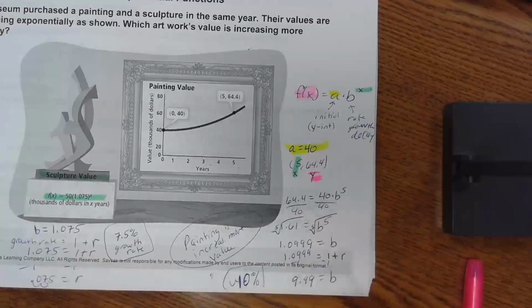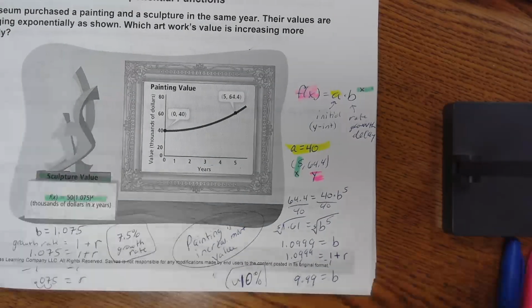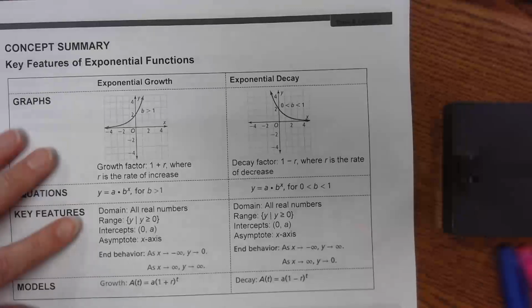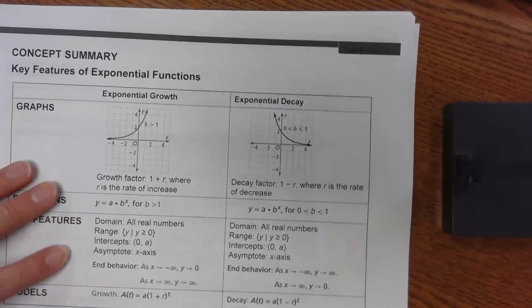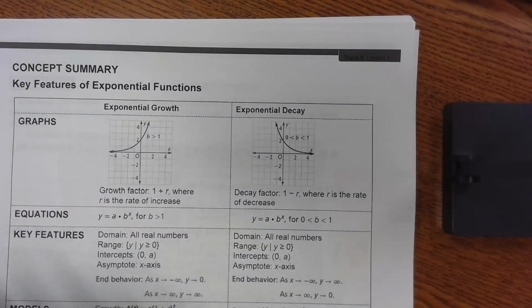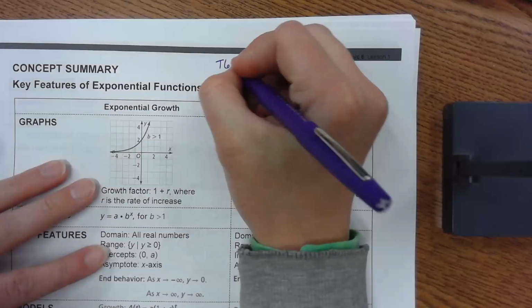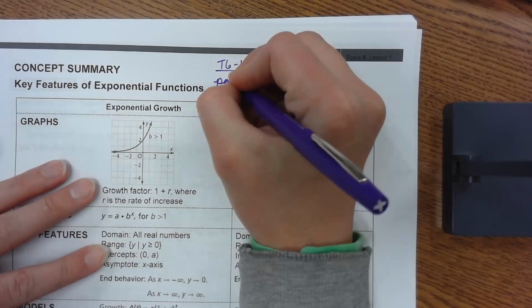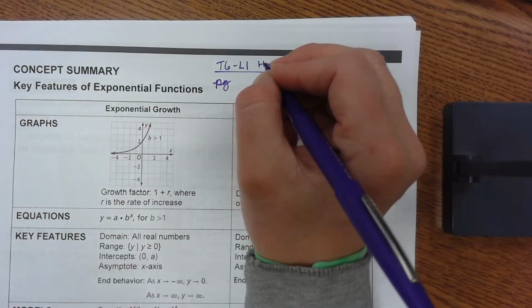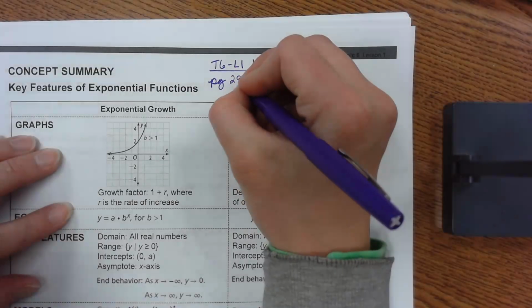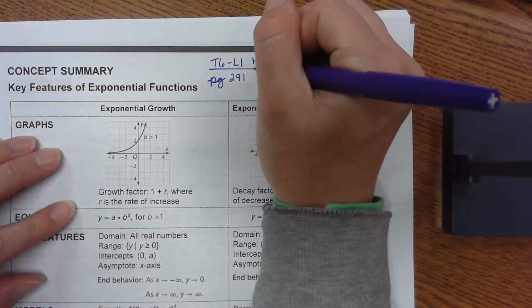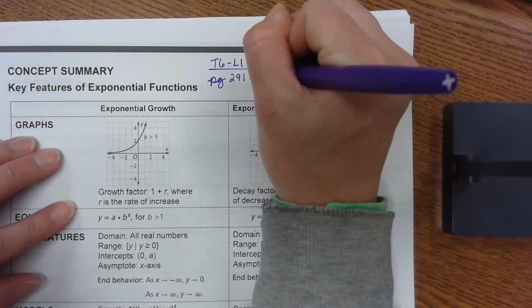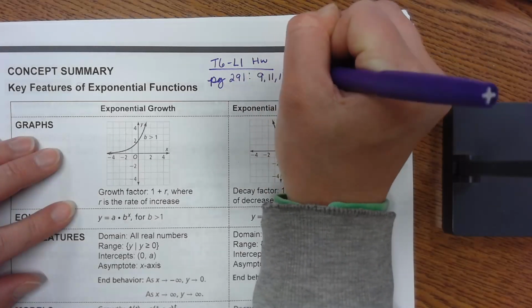Okay, all right. That concludes today's lesson. I'm going to give you the homework for our lesson. So we have T6 L1 homework on page 291, and we have 9, 11, 12.